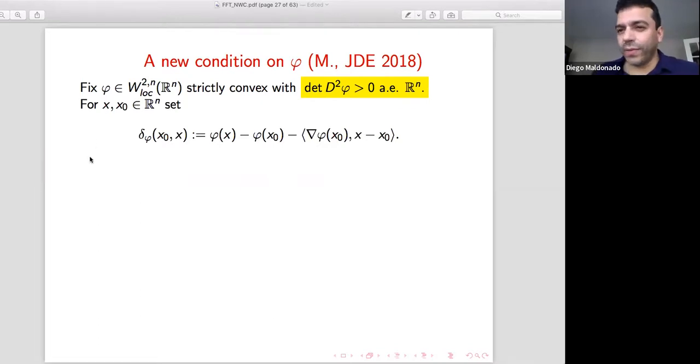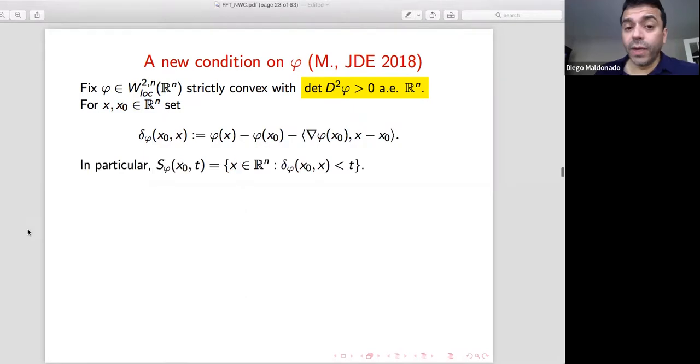Now I'm going to introduce a new condition, right? Now some notation. If you give me 2 points x, x0 in Rn, I'm going to define this delta function, delta phi at x0 x, as phi minus its tangent plane at x0, which is this part here. In particular, if you recall the definition of the sections, the section now can be rewritten as the collection of those points such that this quantity is smaller than t.